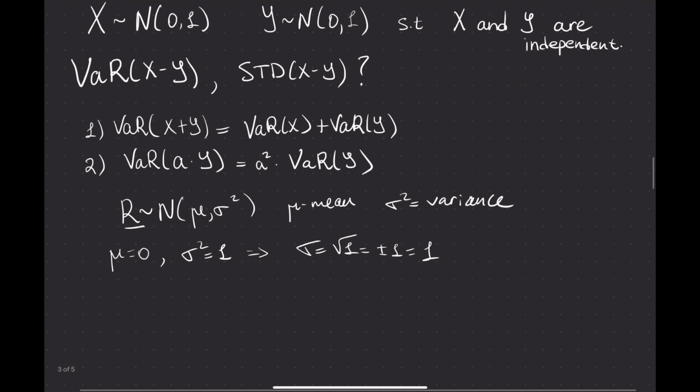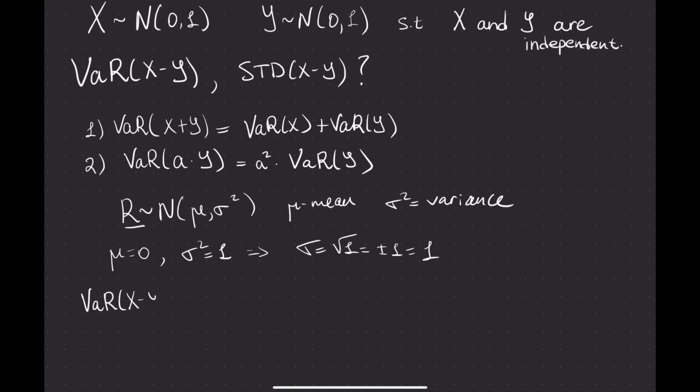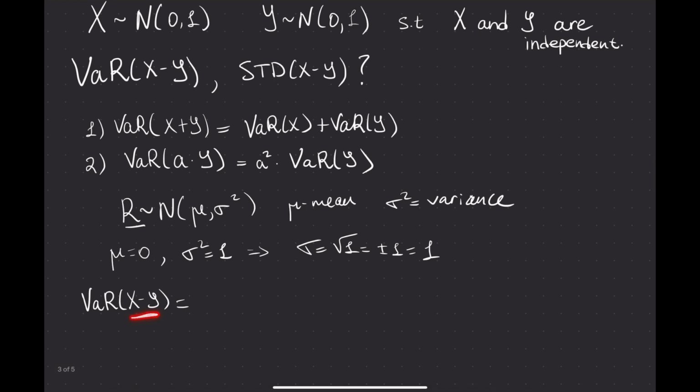Okay, with that information in mind, we can try to manipulate the variance of the difference of independent random variables. The first step is to manipulate this part to get the variance of the sum of two random variables. And basically it's an easy step. You just have to rewrite this not as the difference, but as the summation of two independent random variables.